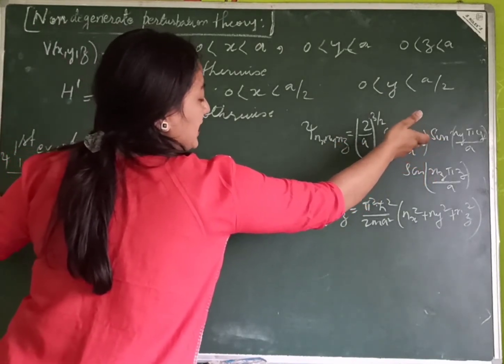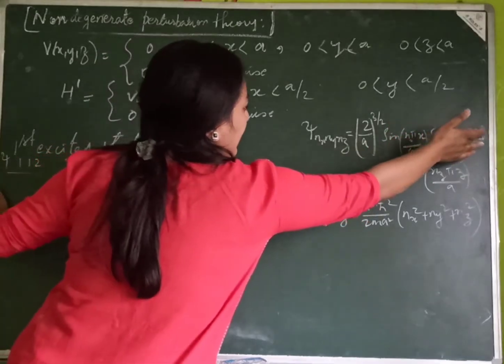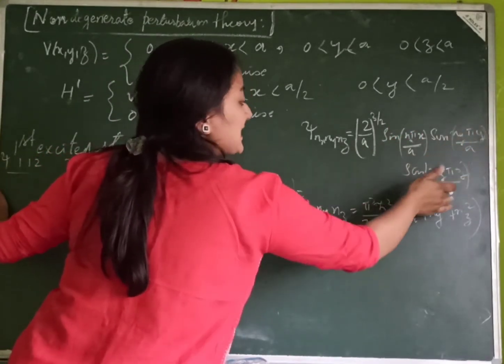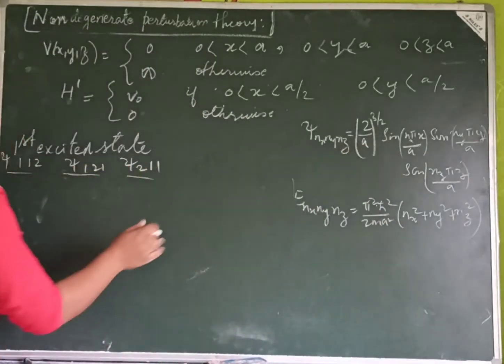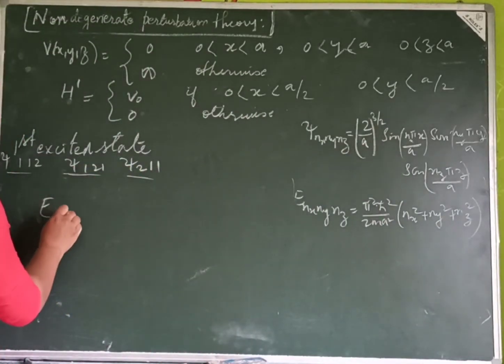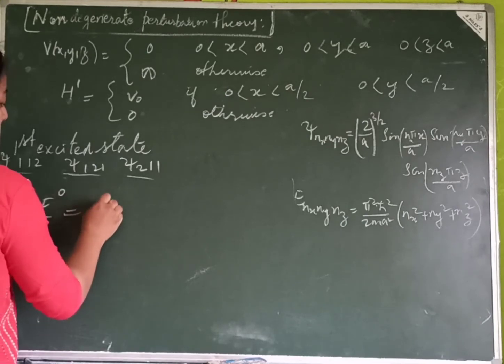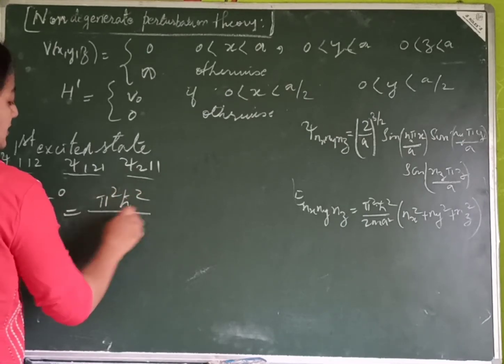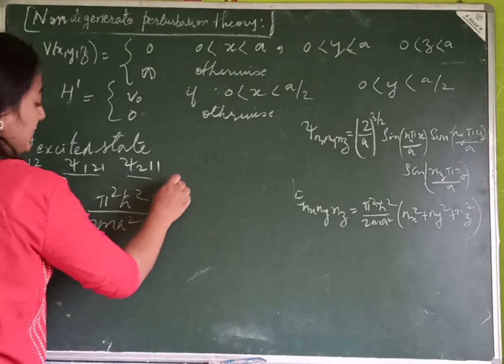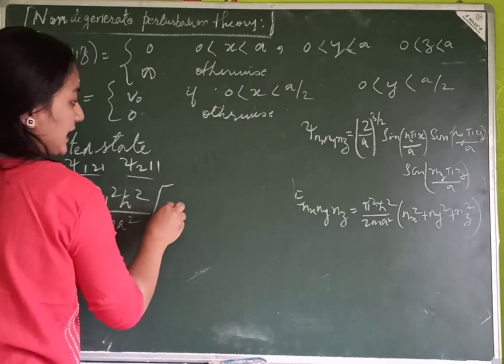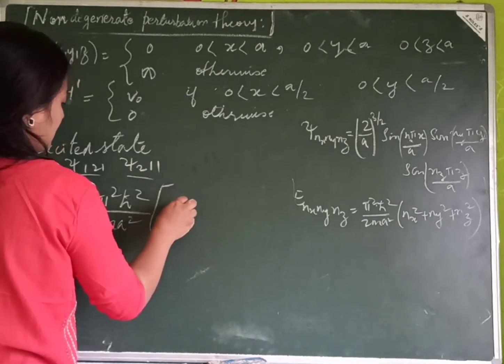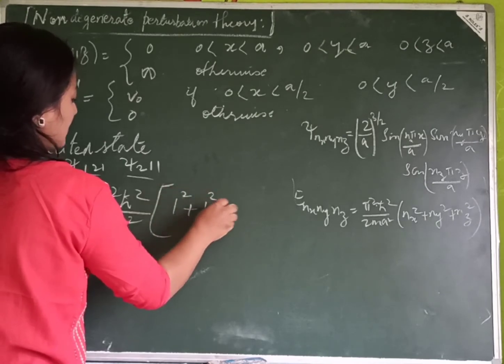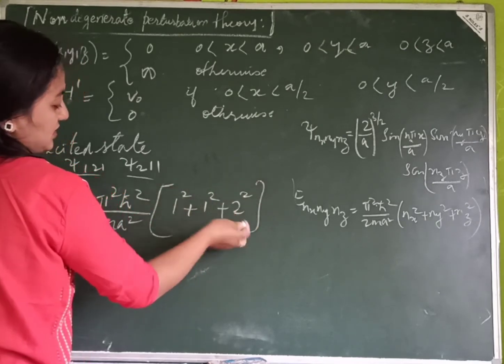So first it is going to be sin(πx/a), sin(πy/a), but sin(2πz/a). Similarly you have three different terms, but the energy here, let me call this the ground state energy, is given by π²ħ² by 2ma² times nx² plus ny² plus nz², which is 1² plus 1² plus 2².